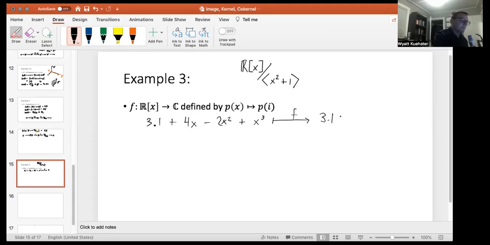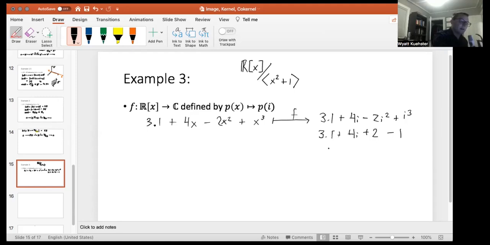So this real number will be left alone. Then we'll get a 4i, and then we'll get a minus 2i squared and plus i cubed. And then I have 3.1 plus 4i, and then plus 2, because i squared is minus 1, and minus 1, because i cubed is minus i.